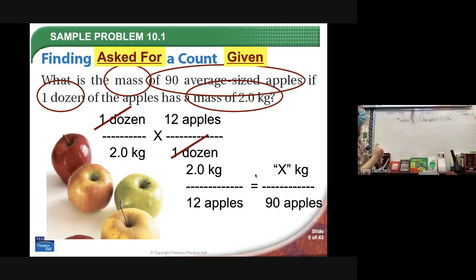So 2 kilograms per 1 dozen, which is 12 apples. So I already made that conversion on my PowerPoint. Is the same as X kilograms per, what did I just do? Did I do this wrong? No, 90 apples. There we go. End of the day, brain fart.